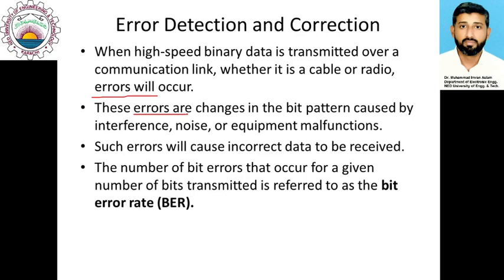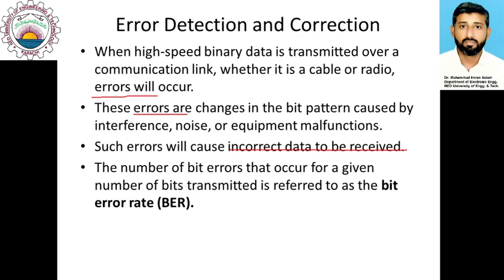For example, if we talk about binary communication, that means 0s and 1s will be transmitted. So if an error occurs, 0 may be received as 1, and 1 will be received as 0. So we will be having a different bit pattern than was transmitted. So if there are errors during transmission, that means we will not be able to exactly receive the data which was transmitted.